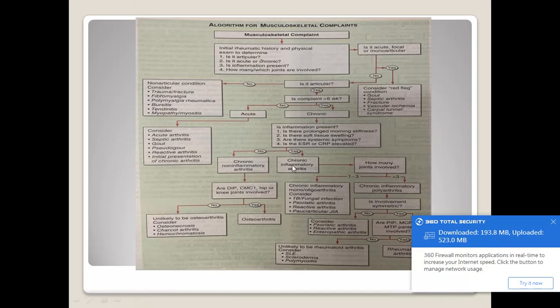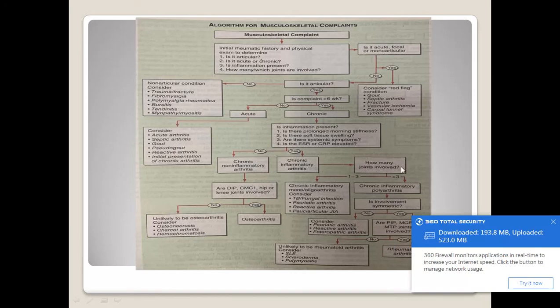If present, it's a chronic inflammatory arthritis, or if not, chronic non-inflammatory arthritis. In chronic non-inflammatory arthritis, we check whether the distal interphalangeal joint, hip or knee joints are involved. If yes, then it's osteoarthritis. If there is no involvement, then you can consider osteonecrosis or hemochromatosis.